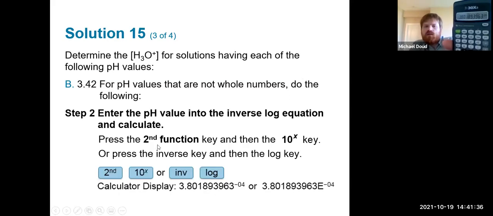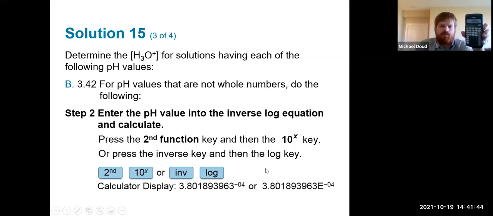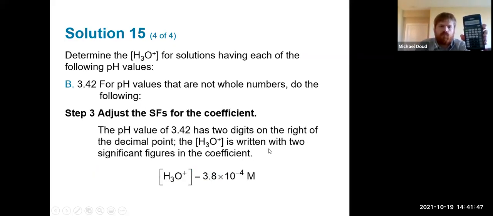In this case, you get 3.801 times 10 to the negative fourth. And when you round to the correct number of significant figures, the pH value has 2 decimal places. That means we have 2 significant figures for our hydronium ion concentration. You end up at 3.8 times 10 to the negative fourth, to the correct number of significant figures.